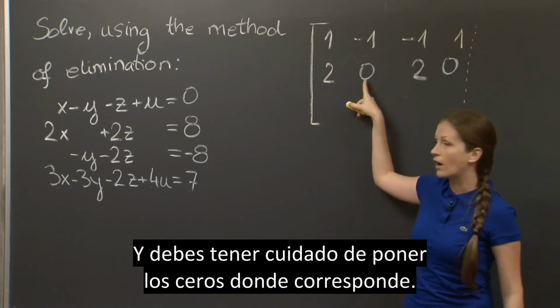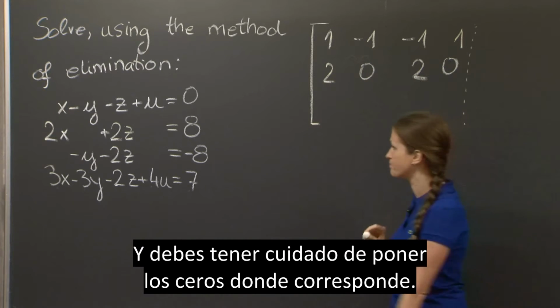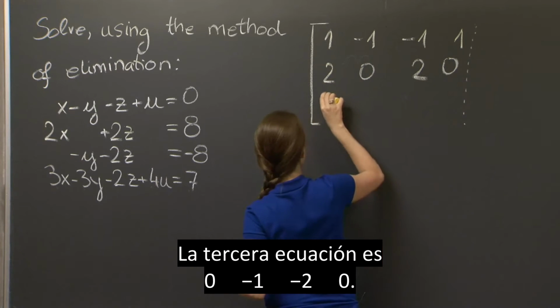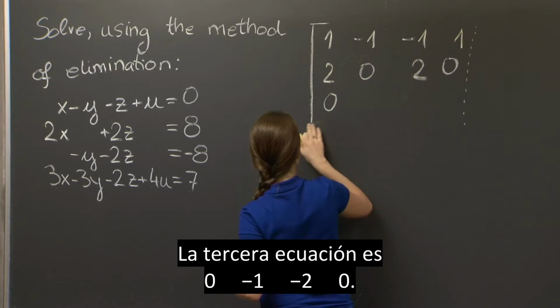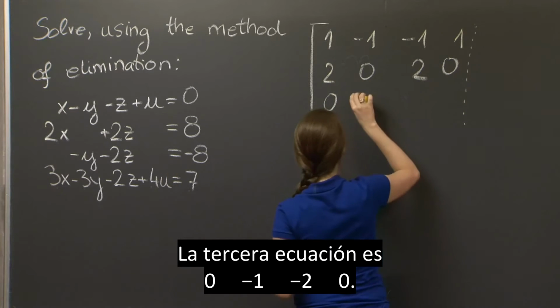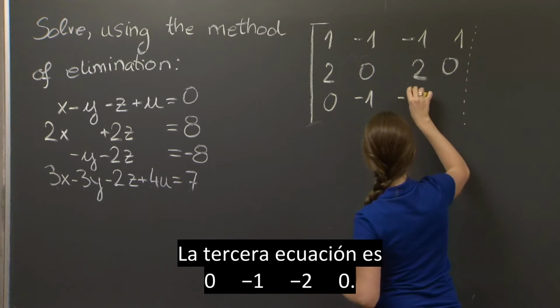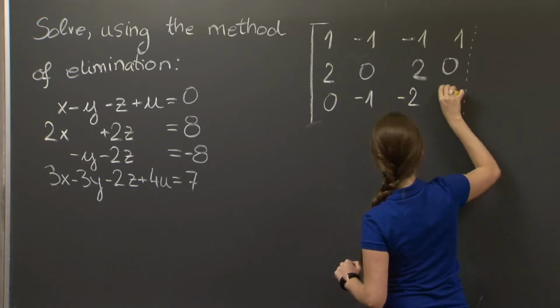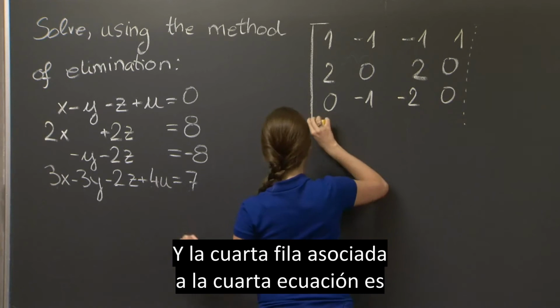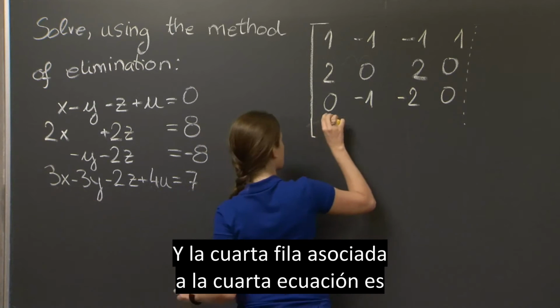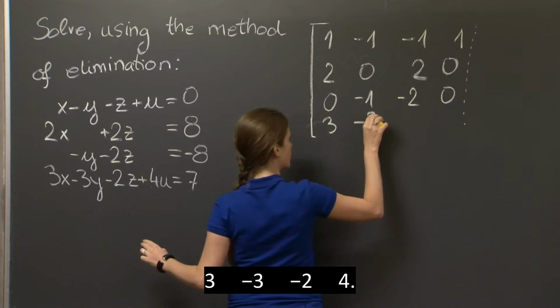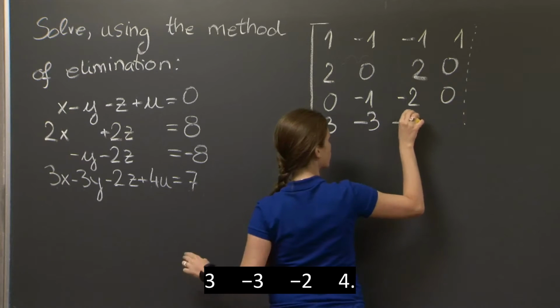And you want to be very careful to put zeros on the right spots here. The third equation is 0, minus 1, minus 2, 0. And the fourth row, corresponding to the fourth equation, is 3, minus 3, minus 2, 4.